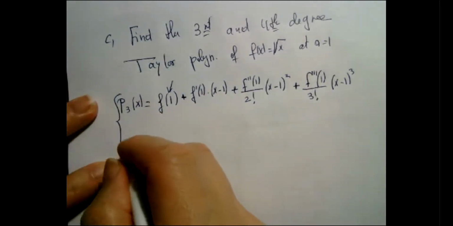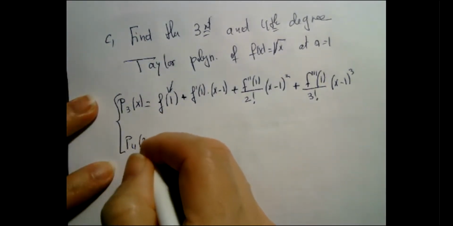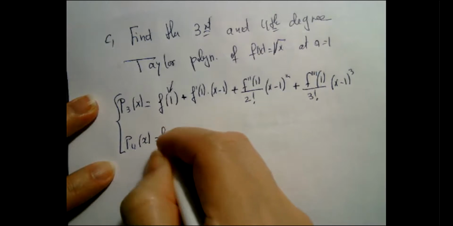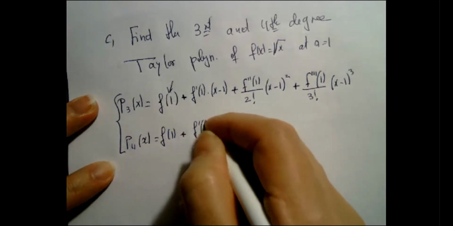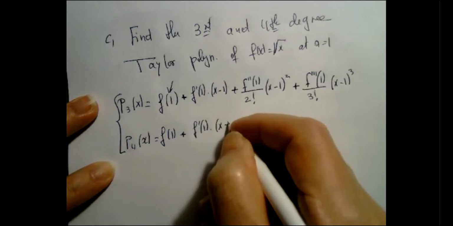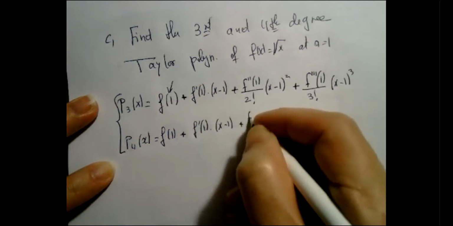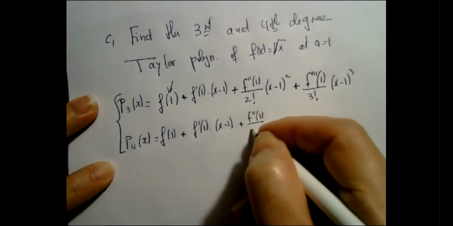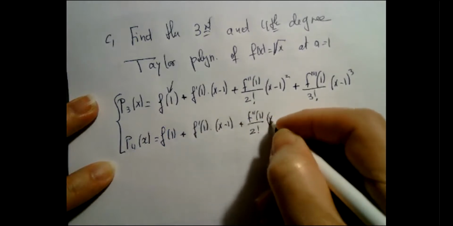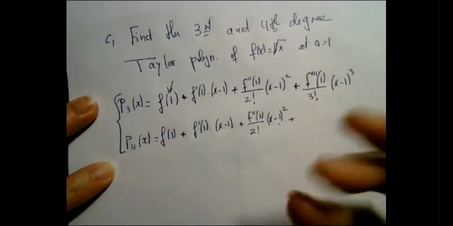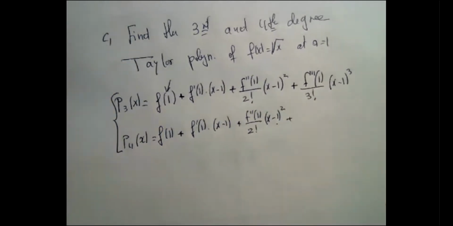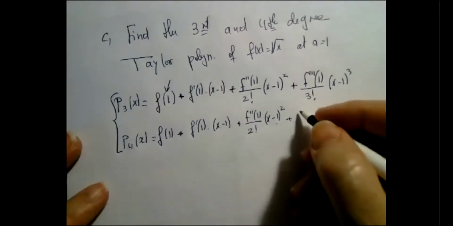Now, how does the fourth degree work? Fourth degree is, again, f of 1 plus f prime of 1 times x minus a, plus the second derivative at 1 times x minus 1 squared. So that's really my a, my base point, the point near which we're doing the approximation.